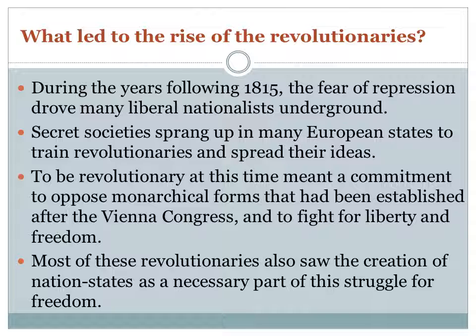To be a revolutionary at this time meant a commitment to oppose monarchical forms that had been established after the Vienna Congress and to fight for liberty and freedom. Most of those revolutionaries also saw the creation of nation states as a necessary part of their struggle for freedom.